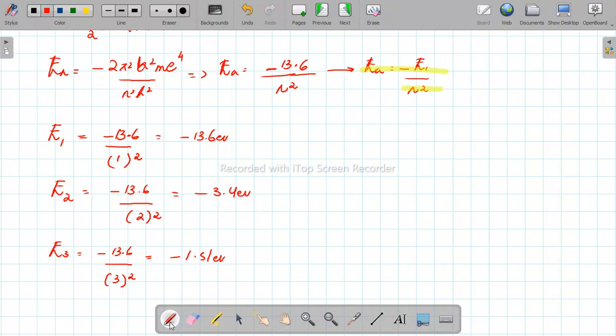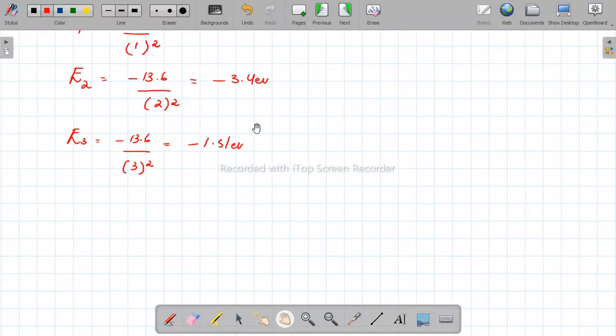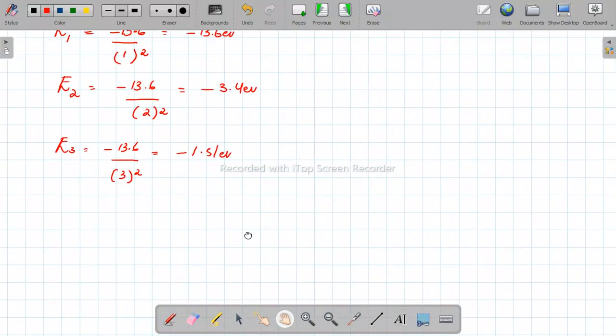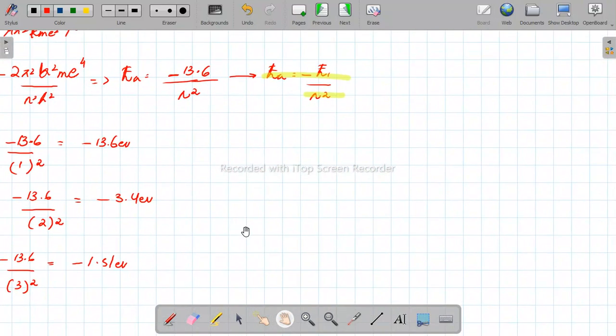Now we are going to consider an electron in a higher energy level, and this electron is to transition to some lower energy level. Let's say the higher energy level is level n, and the electron is making a transition to some lower energy level p.